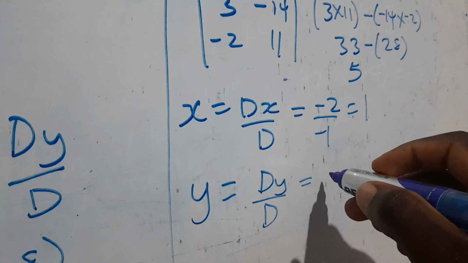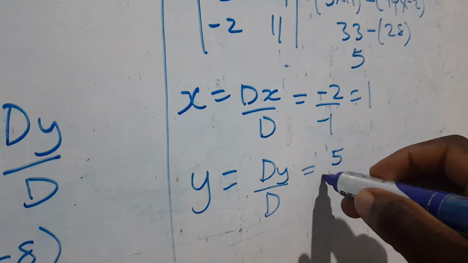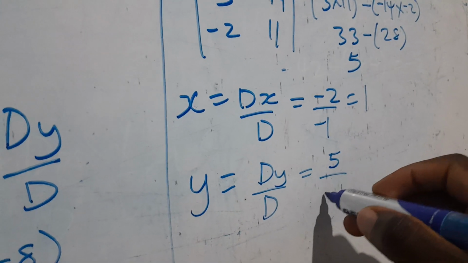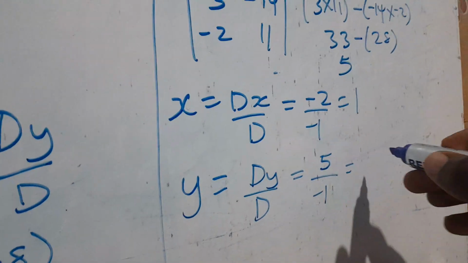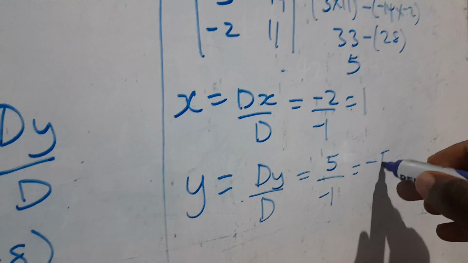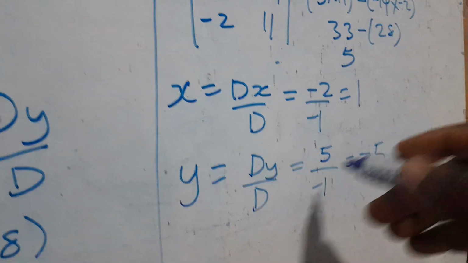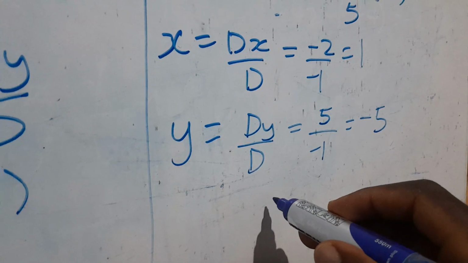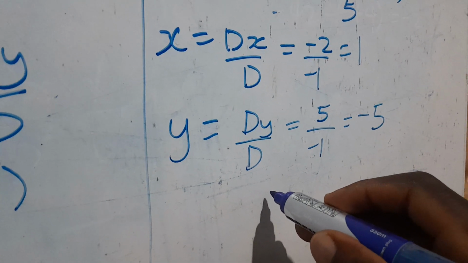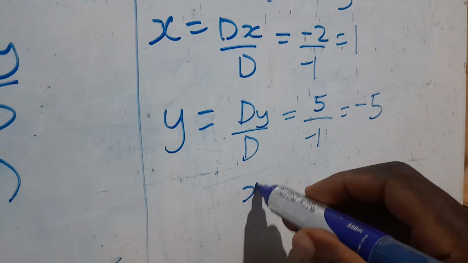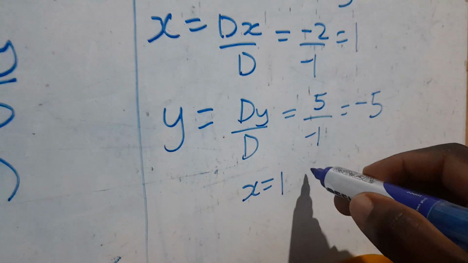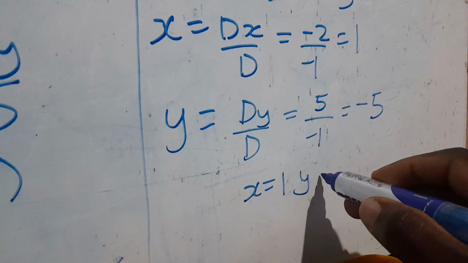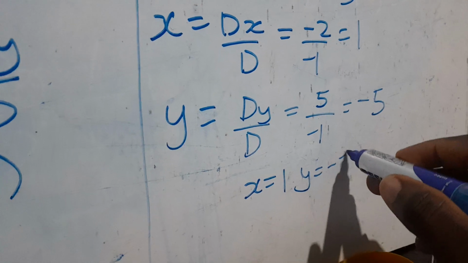Our dy was 5 and our d was negative 1. The value of y is negative 5. We have used Cramer's rule to find the values of x and y, and we have found that the value of x is 1 and the value of y is negative 5.